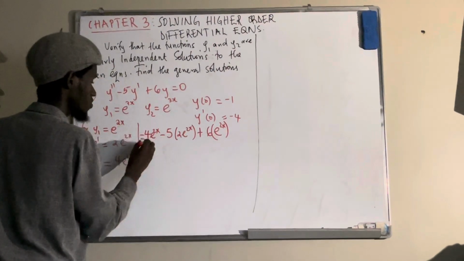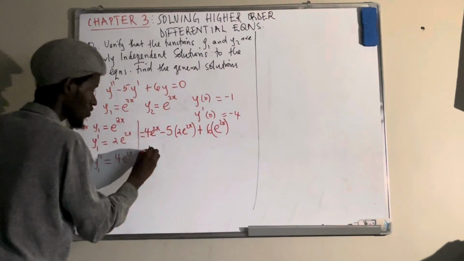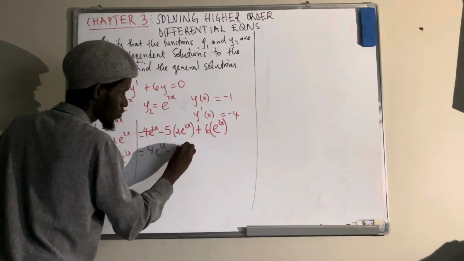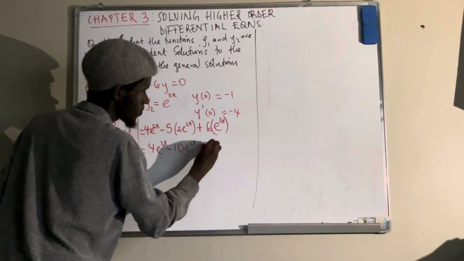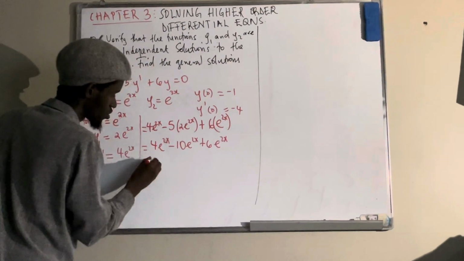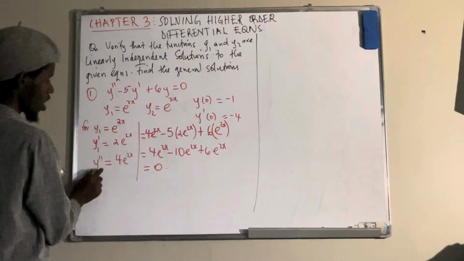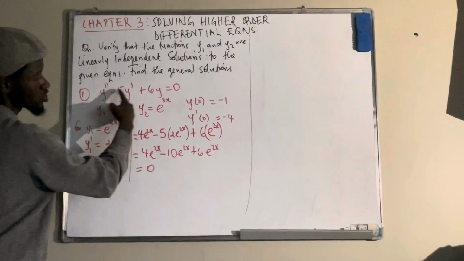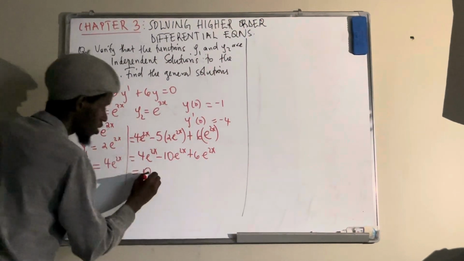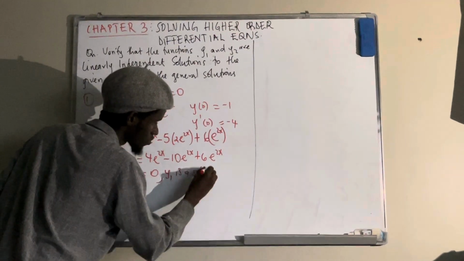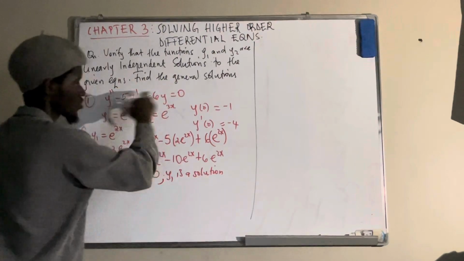I should get 0. Here I have 4 e power 2x minus 10 e power 2x plus 6 e power 2x, which is 0. Therefore y1 is a solution to this differential equation.